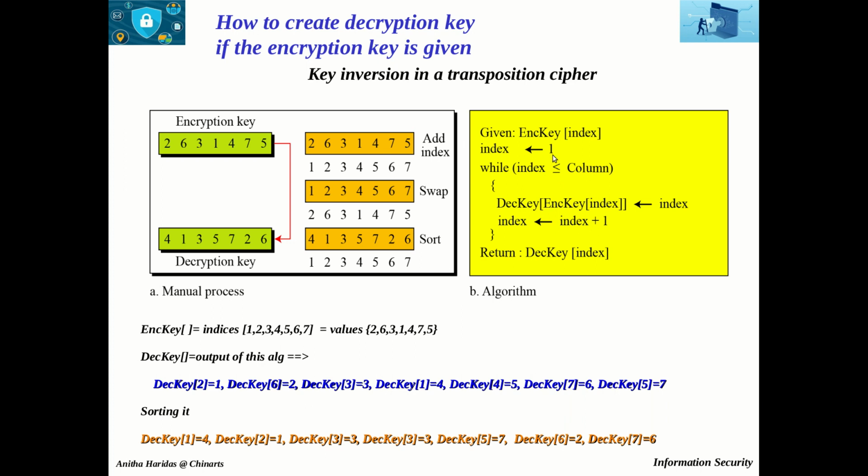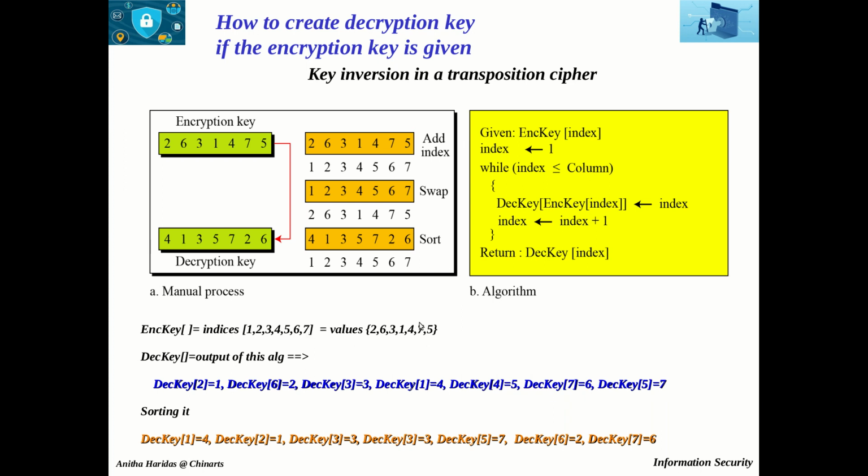Kindly go through this algorithm. It starts from index 1, and this is the encryption key which will be given as the input. So encryption key of 1 will be 2, encryption key of 2 will be 6, encryption key of 3 will be 3, encryption key of 4 will be 1, and encryption key of 5 will give you value 7, and so on. These are the indices, kindly note.